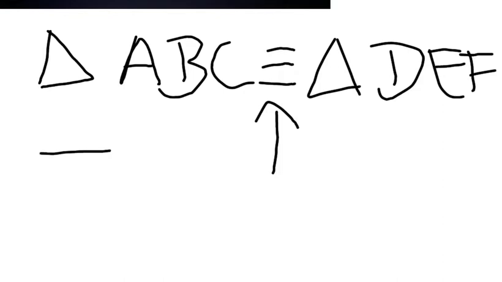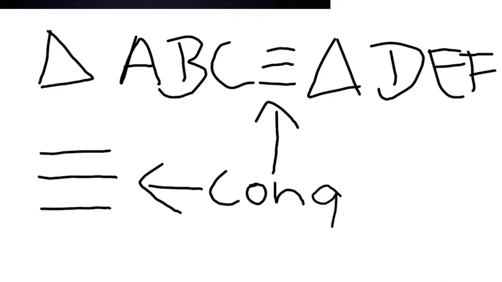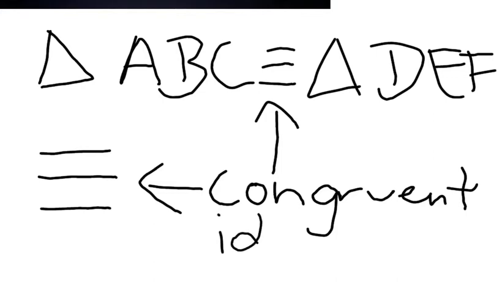So the symbol for congruence is a lot like the equal symbol, but it has an extra line. And that means congruent. Congruent or congruence means that they are the same size and the same shape. So it basically means that they are identical.